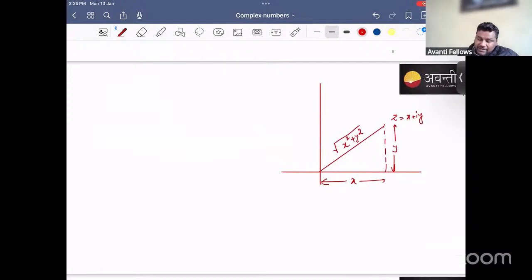Let us write a very simple question. Find the locus, or find the area enclosed by the locus: real part of 1 by z is less than 1 by 3.